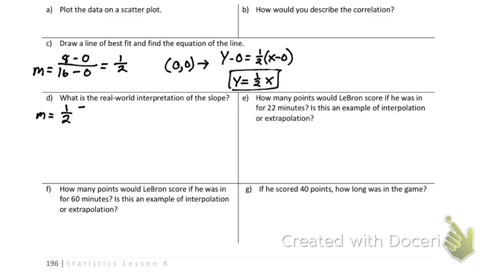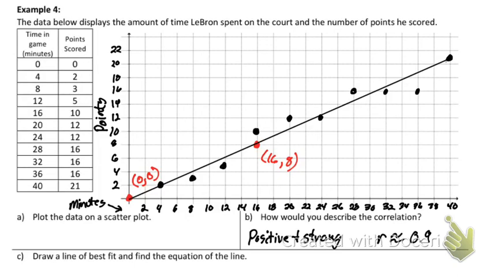Remember what slope is. Slope is change in y over change in x. In other words, the top of your slope are y values, and the bottom of your slope are x values. So when you're talking about slope in the real world, you have to ask yourself, what is the x value standing for? Well, our x values are standing for our minutes played. What are our y values? Our y values are our points.